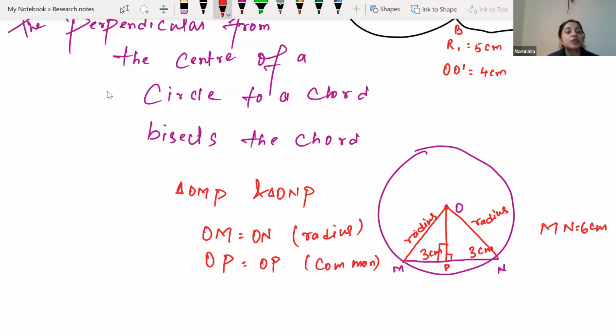Why are we going to prove the congruency? So that we can prove this theorem. So we can say that angle OPM is equal to angle OPN. Both are 90 degrees. Why? Because we have dropped the perpendicular. Now whether that perpendicular is going to bisect or not, that we don't know. We have just dropped the perpendicular.